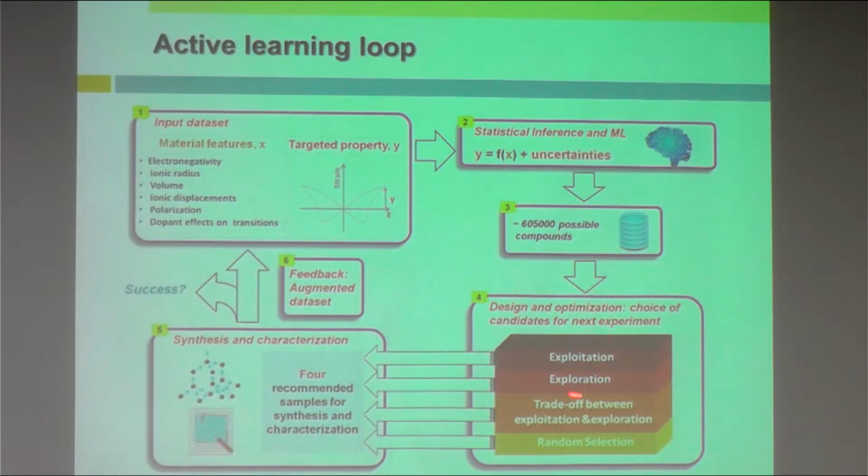This will require a lot of information as well, and a trade-off between exploitation and exploration. This is what is good about active learning, because you can see the trade-off between exploitation and exploration. Also a random selection. Then the recommended samples for synthesis and characterization can be done.